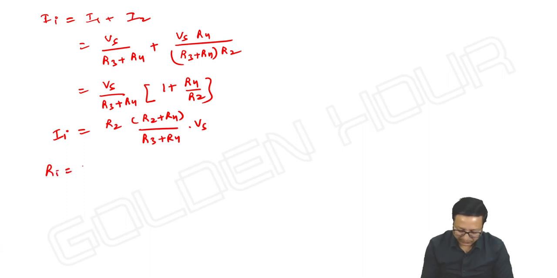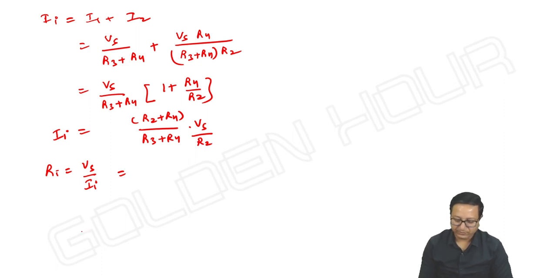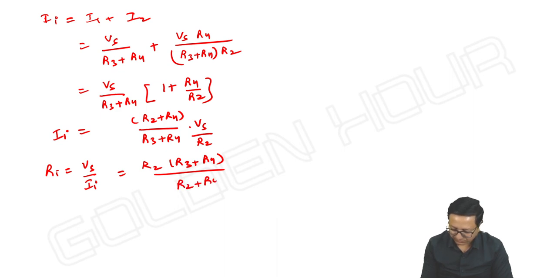So Ri is equal to Vs by Ii. What is its value? Sorry, here is a mistake. R2 should come in the denominator. Yes, okay. Then it is equal to R2 into R3 plus R4 by R2 plus R4.